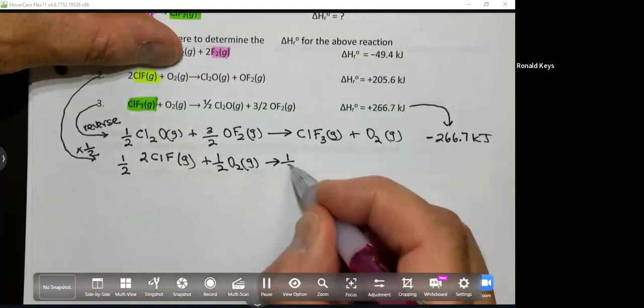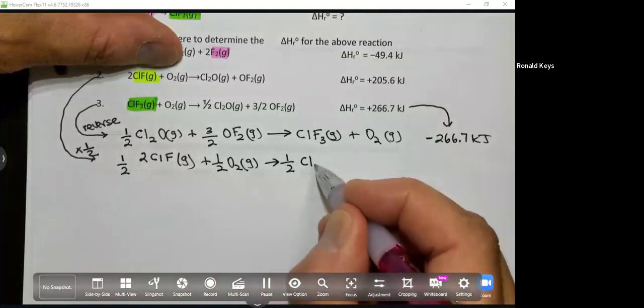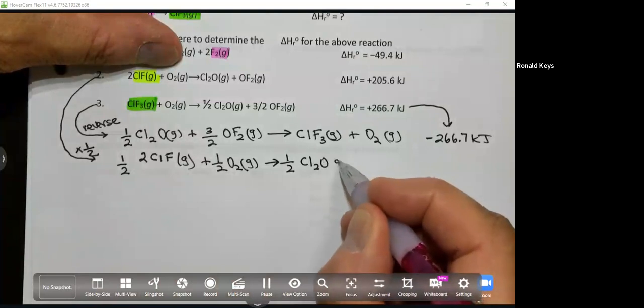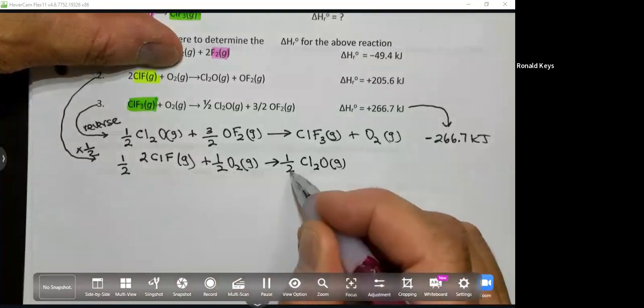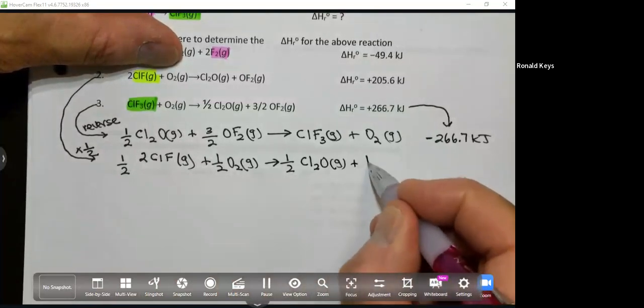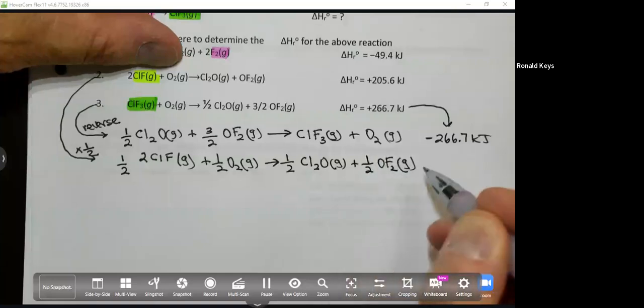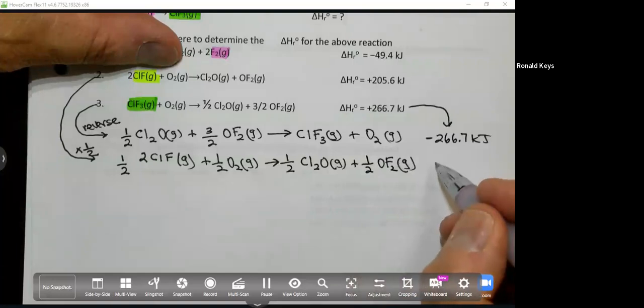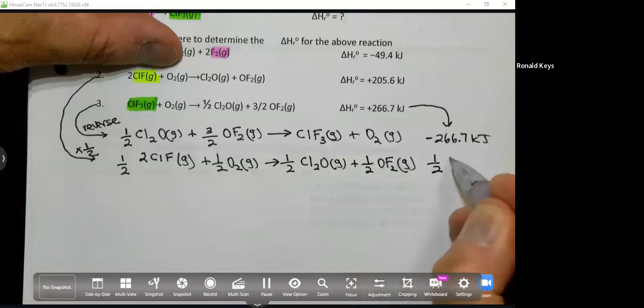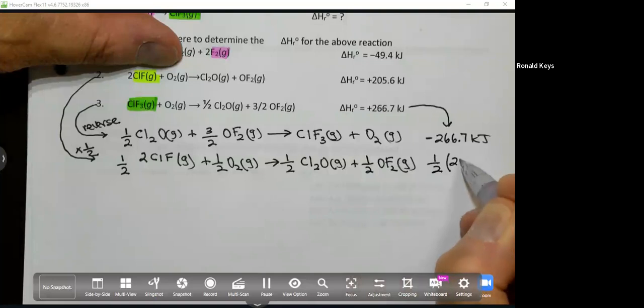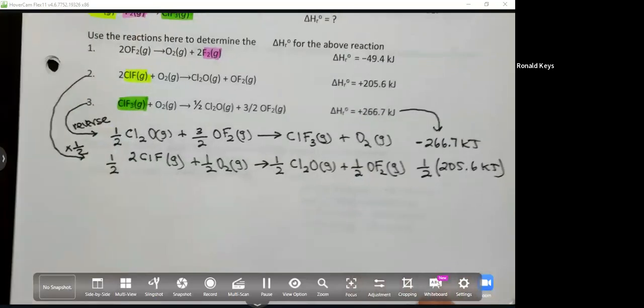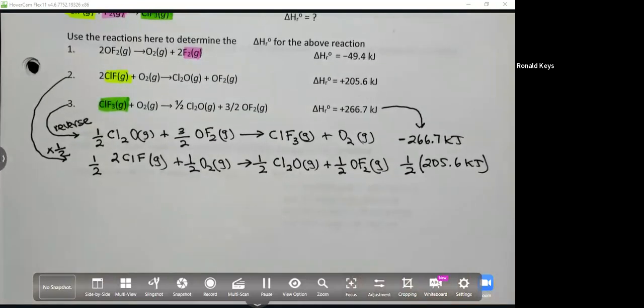Wow. This is getting uglier instead of prettier. I'm just multiplying. I'm putting a 1/2 in front of everything, right? I took a 1/2 of everything all the way through.